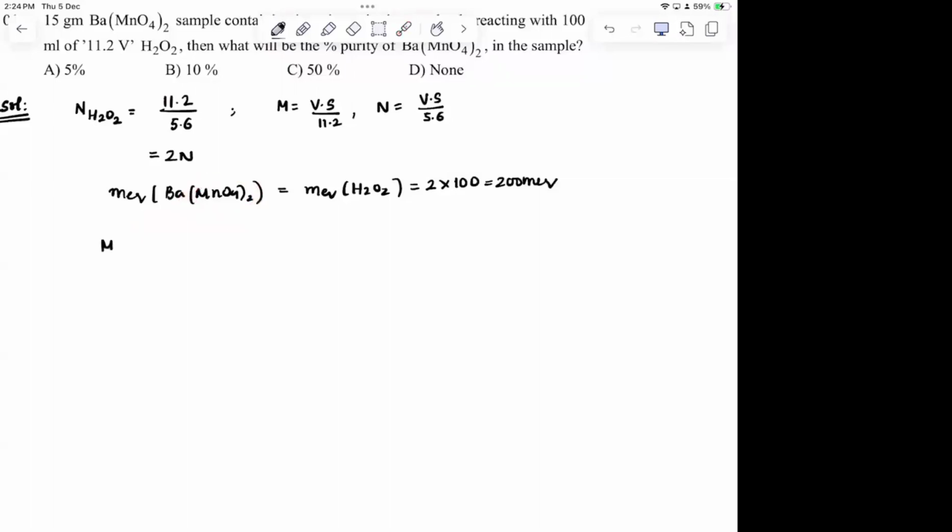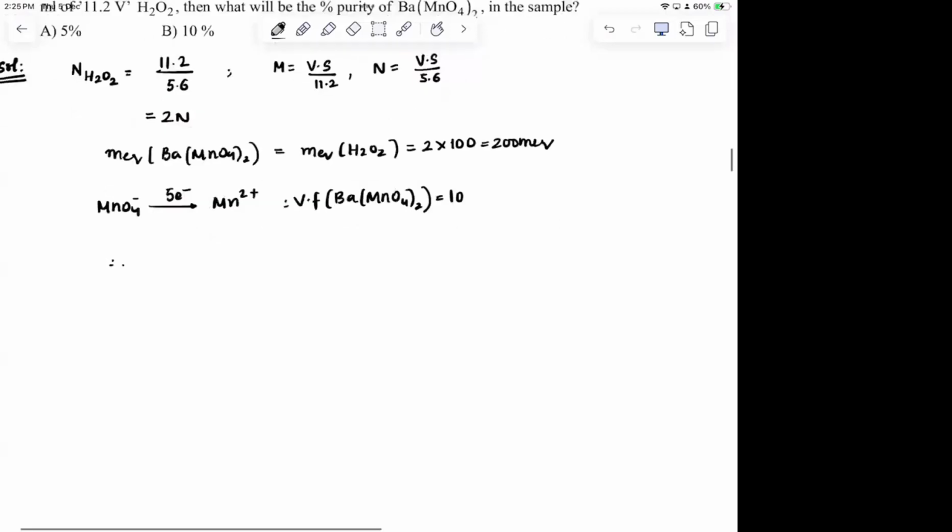Now notice this part, MnO4 minus will give you Mn plus 2, correct? Which means 5 electrons are transferred. But for one molecule of barium permanganate, there are two MnO4 minus, which means there should be 10 electrons transferred. So the valency factor of barium permanganate will be equal to 10.